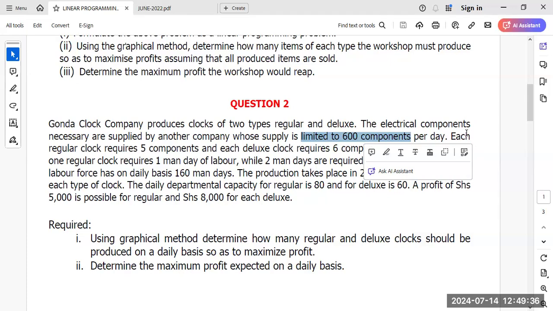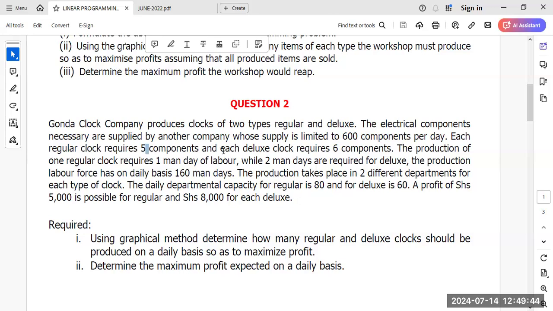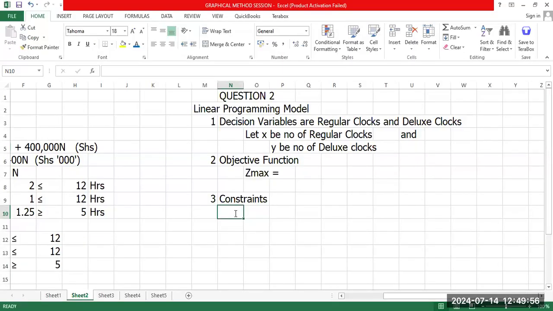But they are telling you that to produce a regular clock, you will need 5 components. And to produce Derrick's clock, you will need 6 components. So we have observed that we actually have our constraint, which is component supply, or just component.